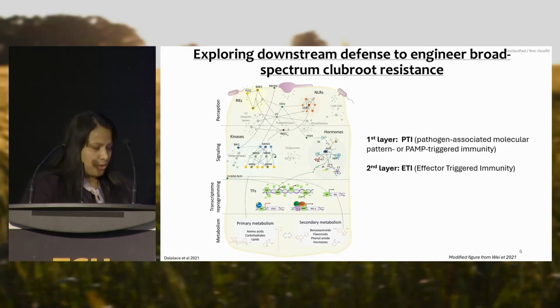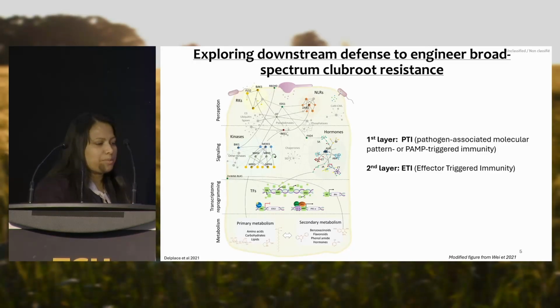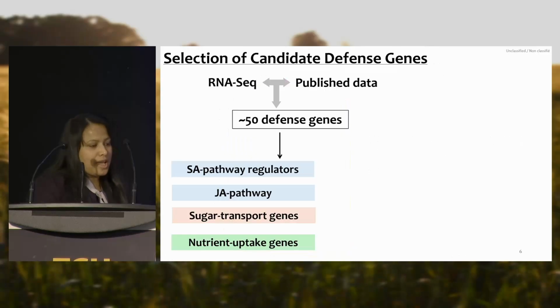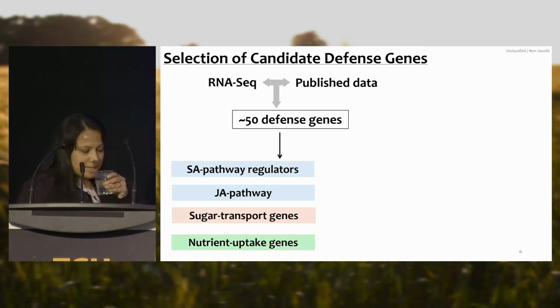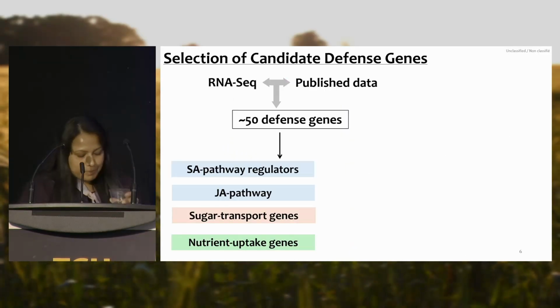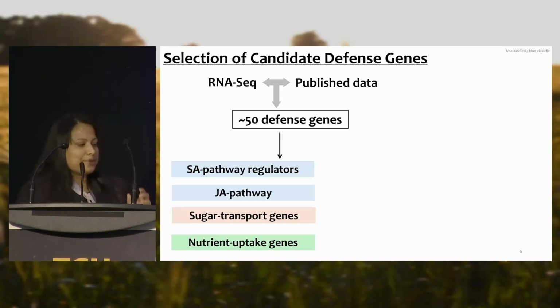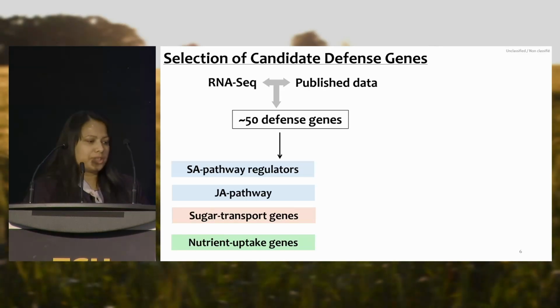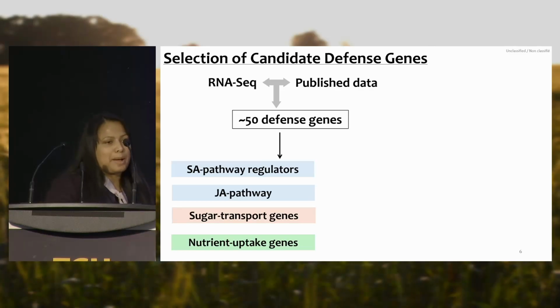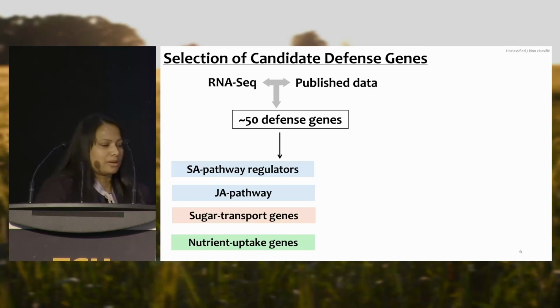To explore downstream signaling genes, we selected around 50 candidate genes based on our RNA-seq and published data. Most of these targeted genes are involved in the following pathways. Today I'll focus on a few genes.